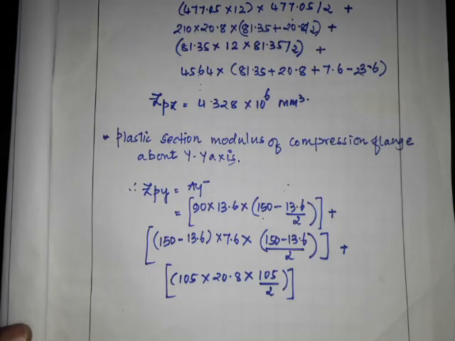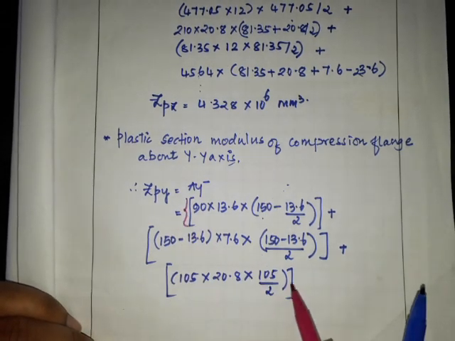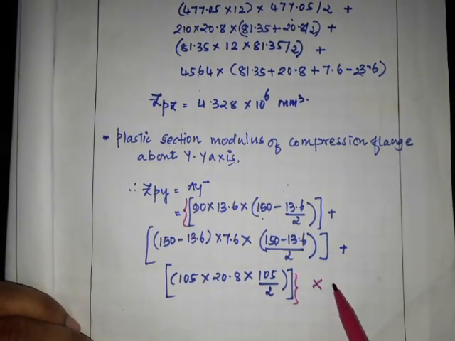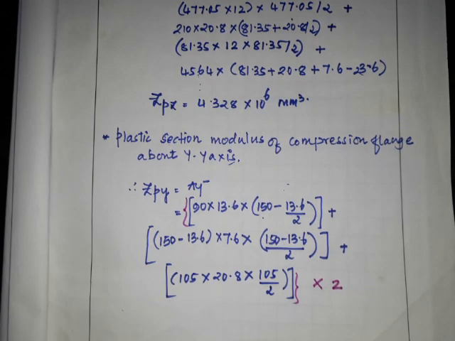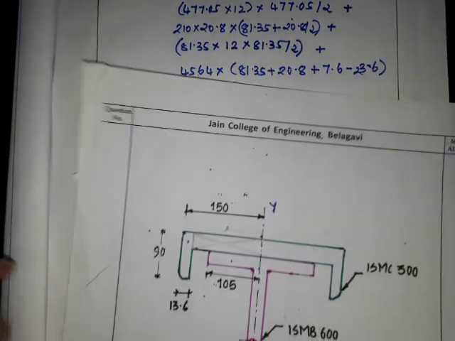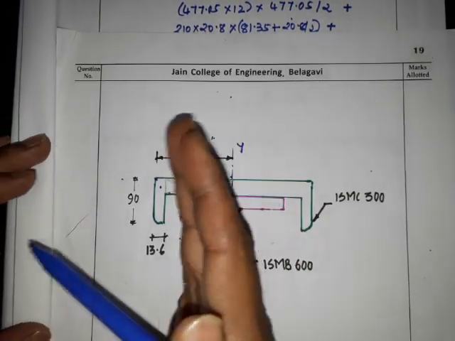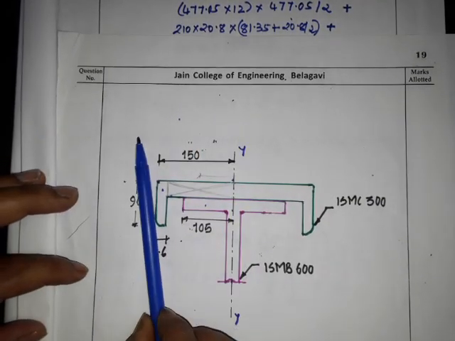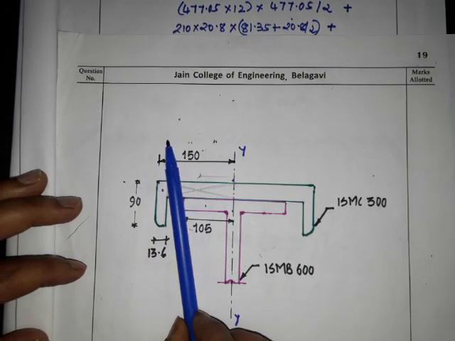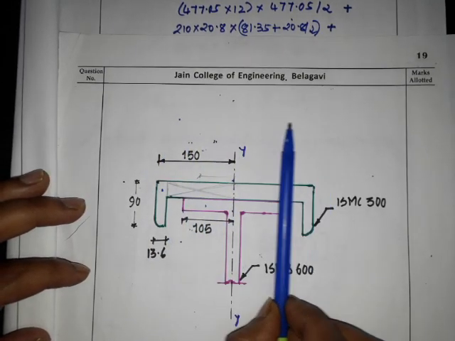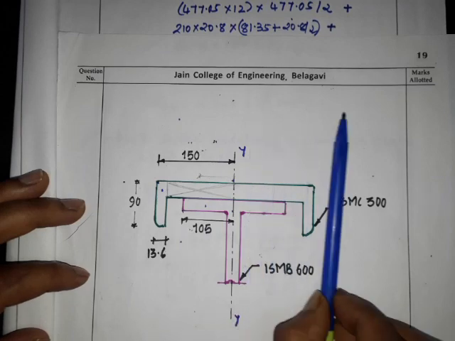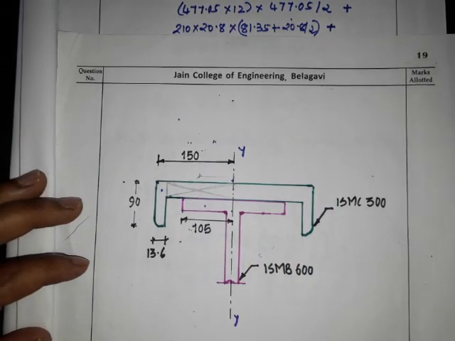Then the whole is multiplied by 2. Why 2? For both sides. Here we have considered only 50%, only this side. When you multiply by 2, it will consider the whole section. So into 2 is for both sides.